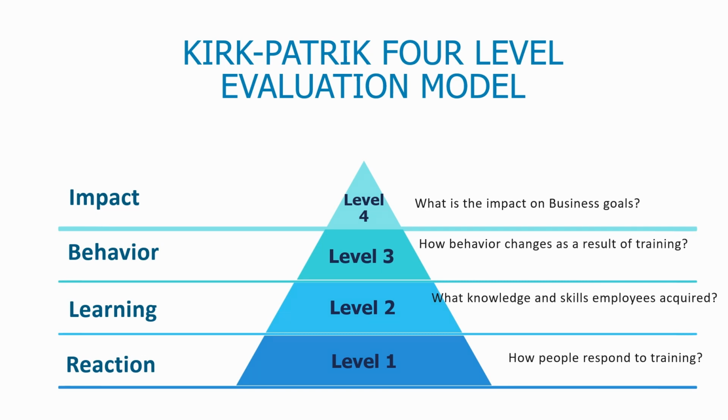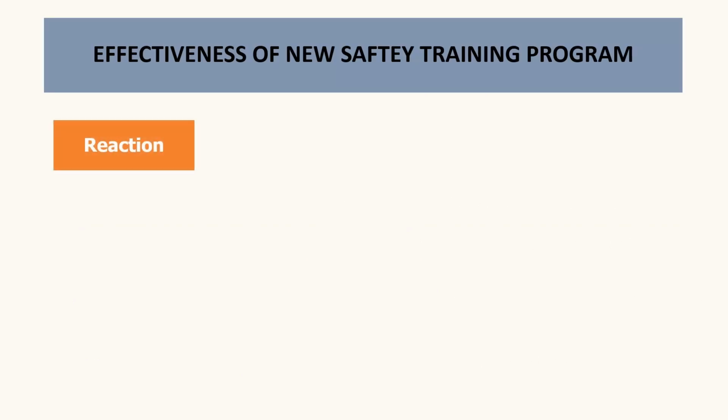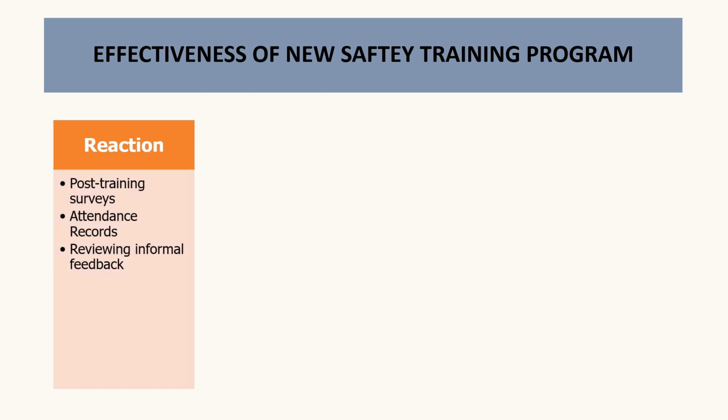In our case study example, we can test these 4 stages by including the following assessments. Firstly, to understand reaction, we can conduct post-training surveys, check attendance records, and review informal feedback.